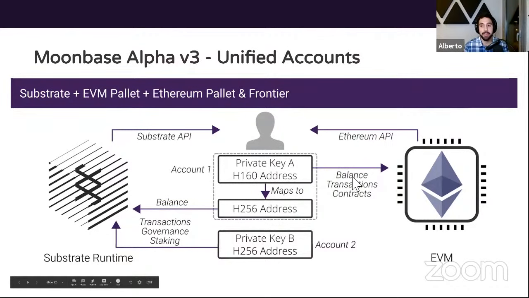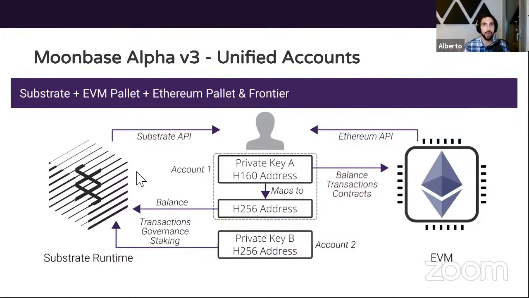So you can sign transactions, deploy contracts, and use the Ethereum API to read stuff. That H160 address actually maps to an H256 address, which is the address format used by Substrate. You can, for example, store the balance on the Substrate runtime. But because you don't know the private key associated to this H256 address, you cannot actually sign transactions in the Substrate runtime, right?